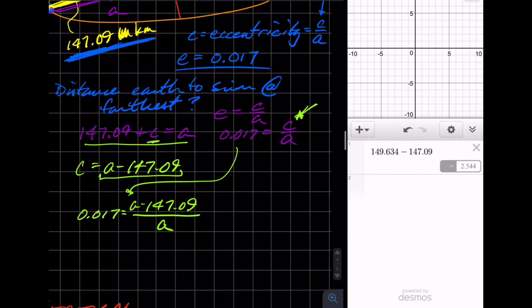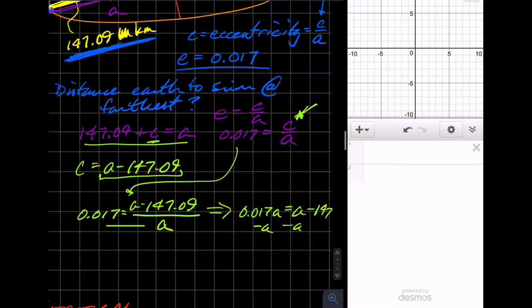All right, so we're going to do a little algebra here. I'm going to multiply both sides by A, and so I'm going to get 0.017A is equal to A minus 147.09. Then I'm going to subtract A from both sides and get the following: 0.017A minus A is equal to negative 147.09.